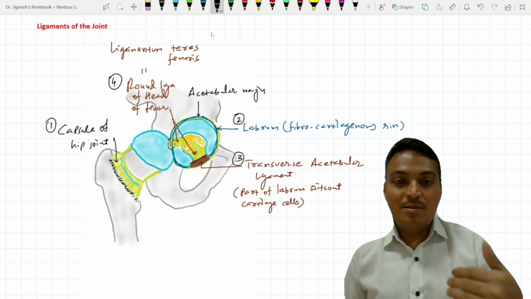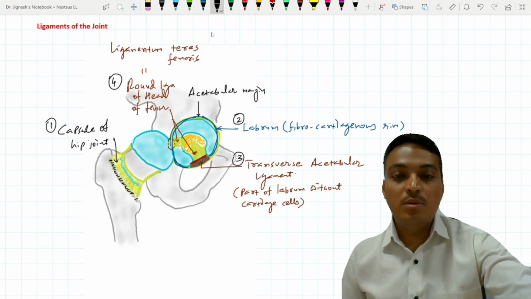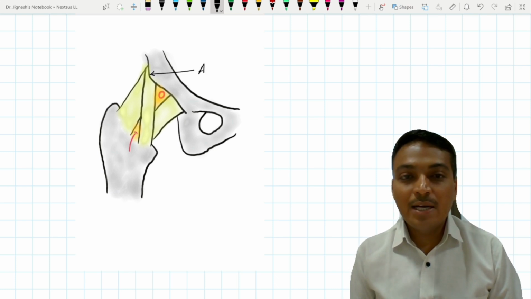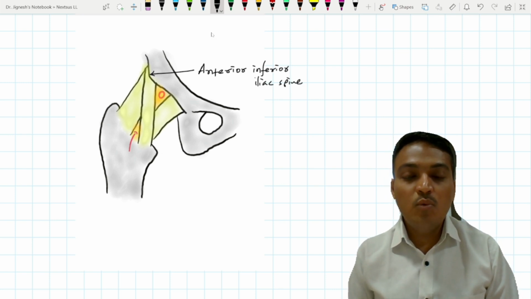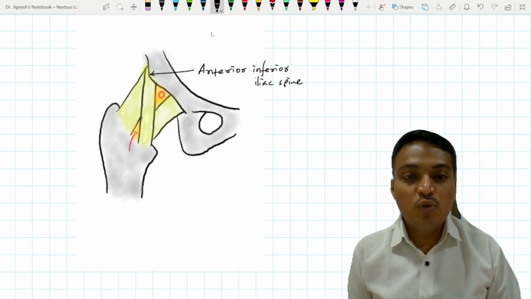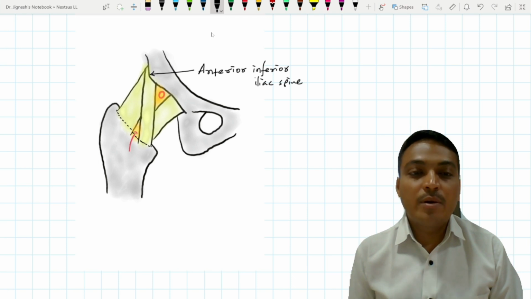Now let's see three external ligaments which are situated outside the capsule. Here in this figure, one ligament is attached from the anterior inferior iliac spine, and it passes downward in two bands. The vertical band is superficial, and the lateral band is deep, which is going to attach to the trochanteric line of the femur.